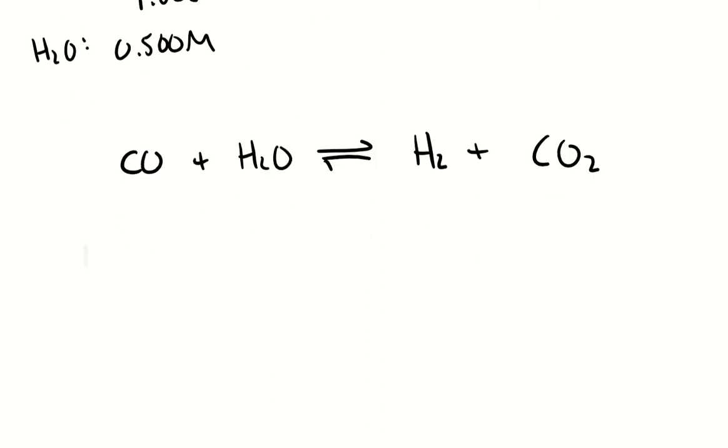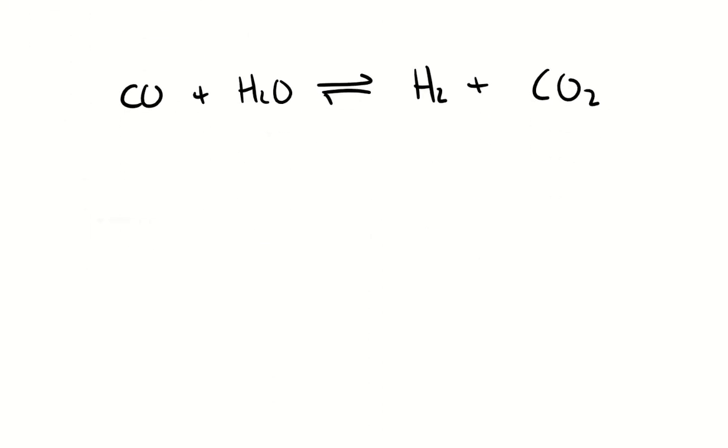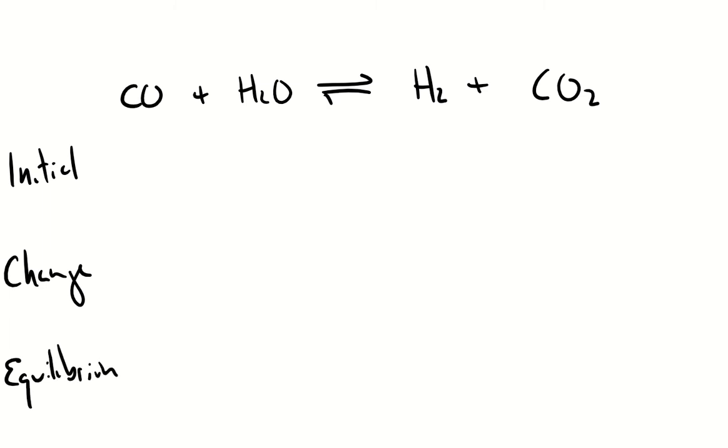The ICE chart gets its name because of the 3 different lines we're going to set up: an initial concentration, a change in concentration, and an equilibrium concentration. We were given the initial molarities of 0.5 molar carbon monoxide and 0.5 molar water vapor. We were not given any product, so those can both be set to 0 molar.